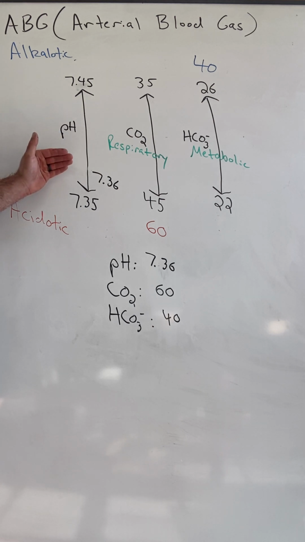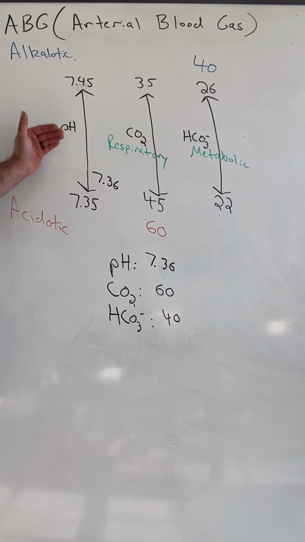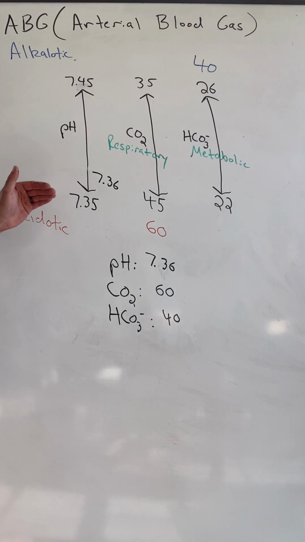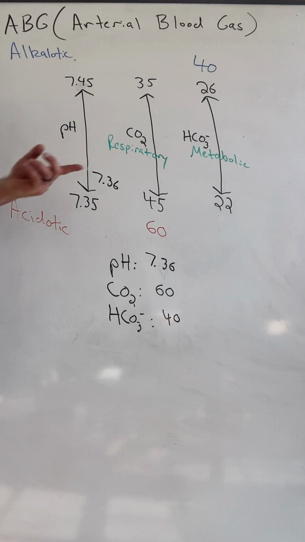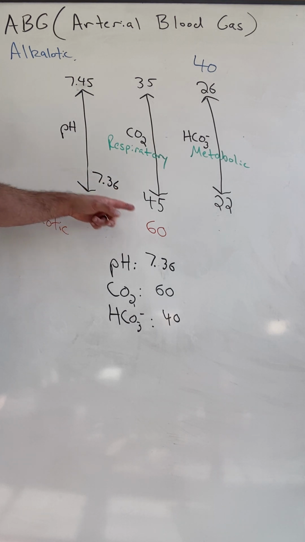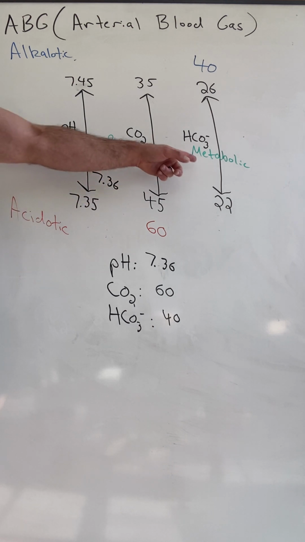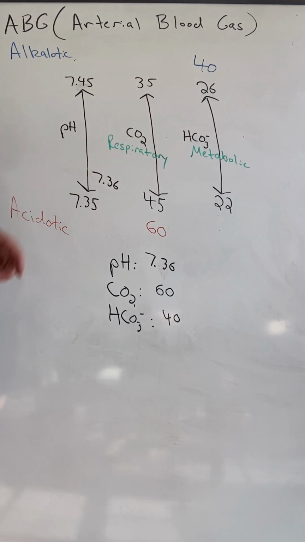Well, our pH is closer to the acidotic side. If we're closer to 7.35, we consider this an acidosis. If we're closer to 7.45, we consider this an alkalosis. 7.36 is closer to acidosis. So we're going to pick our primary problem as respiratory acidosis, and our compensation is going to be metabolic alkalosis.